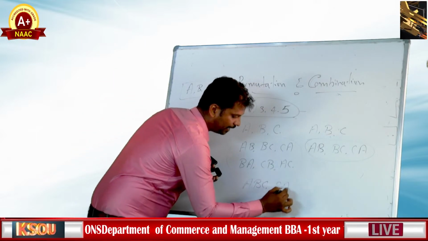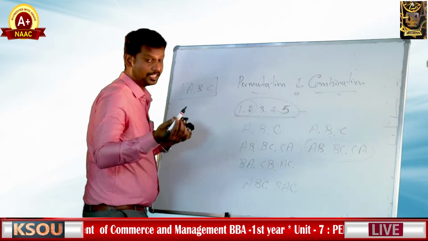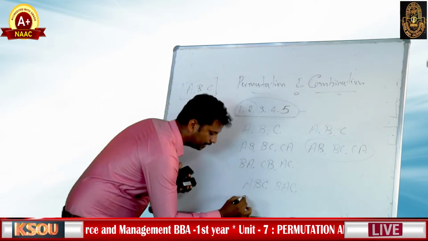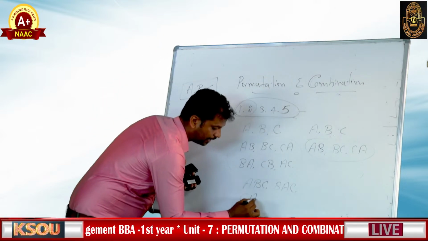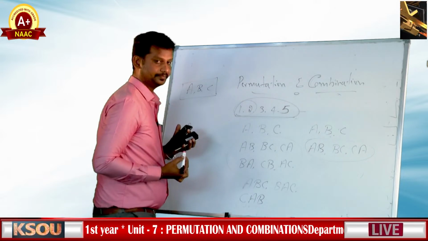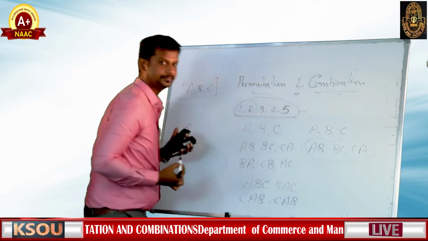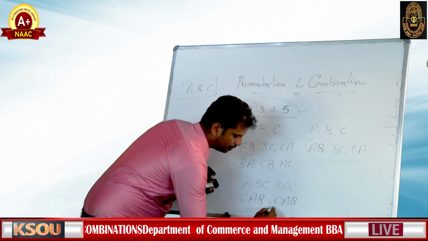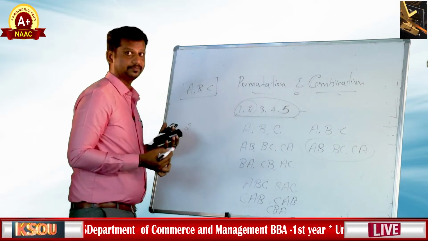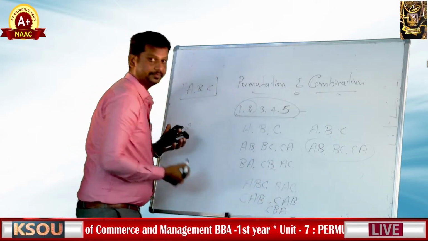B, A, C. It is possible. Next C, A, B. Then C, B, A. It is possible. It is called arrangement.